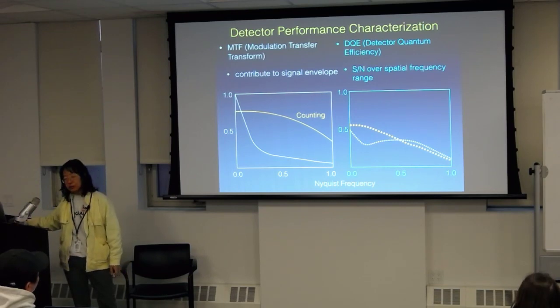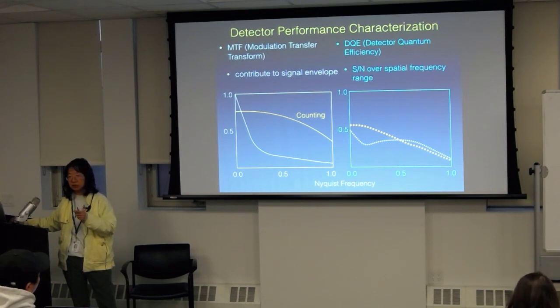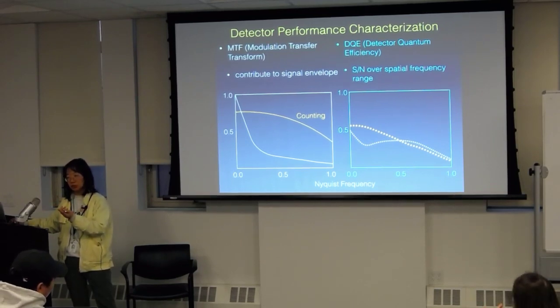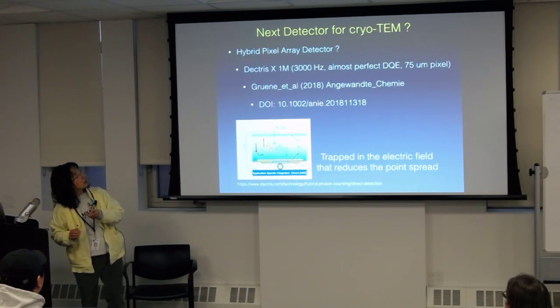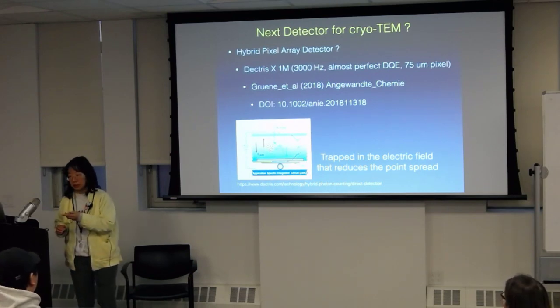And it has been used in the X-ray field. Are any of you from a lab that predominantly does X-ray crystallography? Okay. If you have been to a synchrotron, or heard of people going to a synchrotron, they may have used one of those. It's called the hybrid pixel array detector.